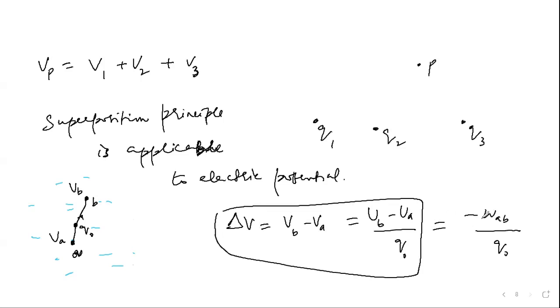Change in potential energy is by definition negative of the work done by the conservative force involved. Here the conservative force involved is electrostatic force.